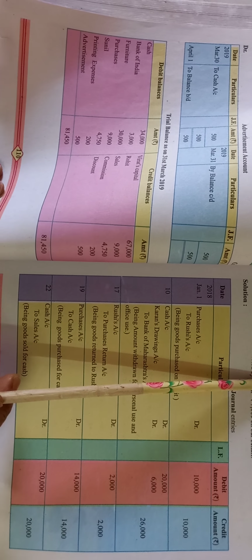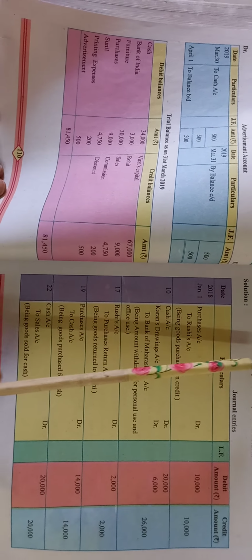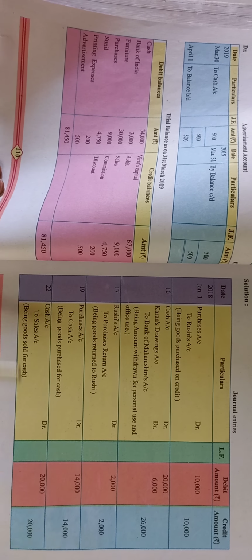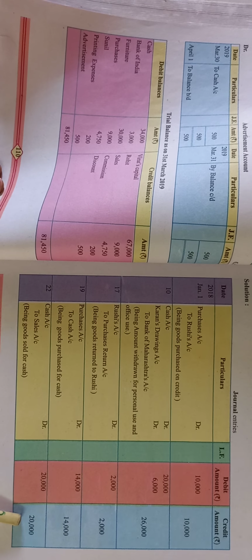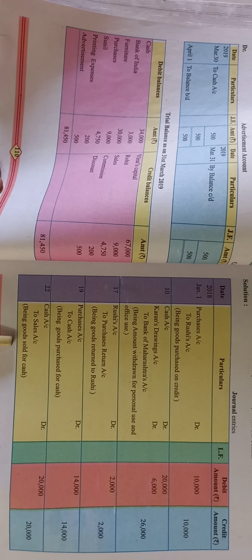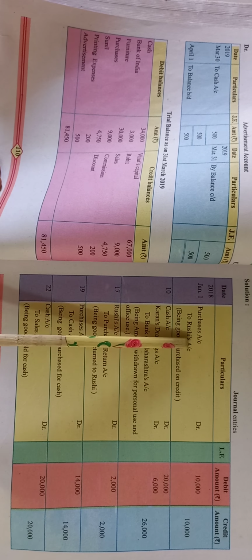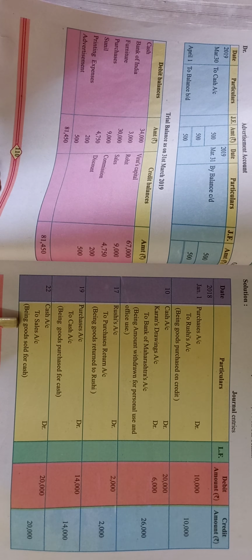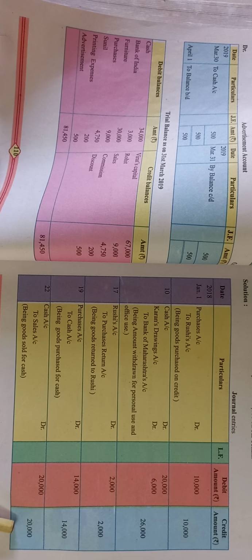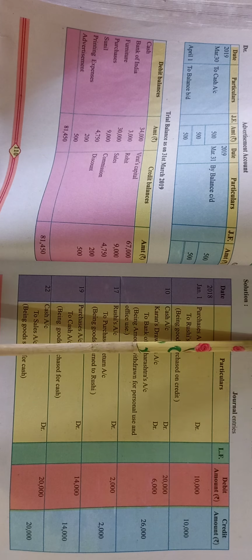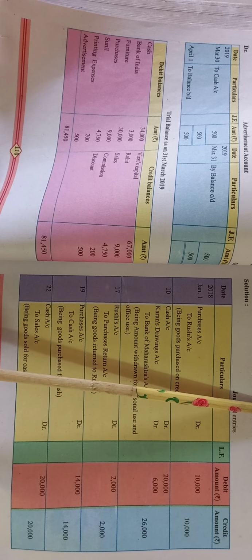Cash sale means sale is on cash basis. So date 22, cash account debit 20,000 to sales account credit 20,000, being goods sold for cash. We have to remember that the purchase account always has a debit balance and the sales account always has a credit balance. Then date 26, deposited into bank rupees 16,000.